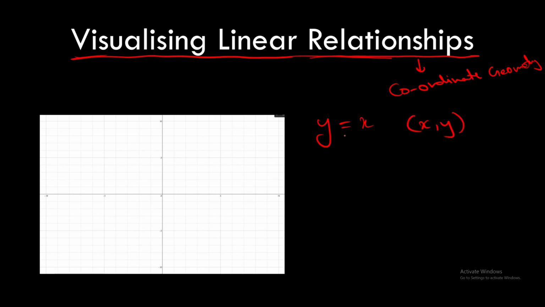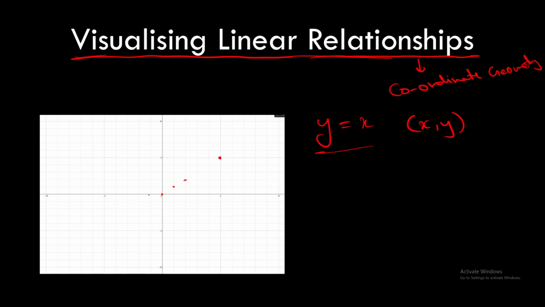So for example, if we are given an equation x is equal to y, then we can put it like this. On x is equal to 0, we get y is equal to 0. On x is equal to 1, we get y is equal to 1. And on x is equal to 2, we get y is equal to 2. And then we can see a pattern. And similarly on x is equal to 5, we can see y is also equal to 5.